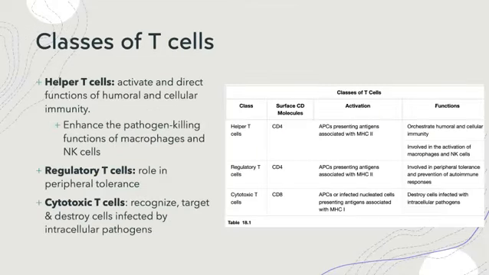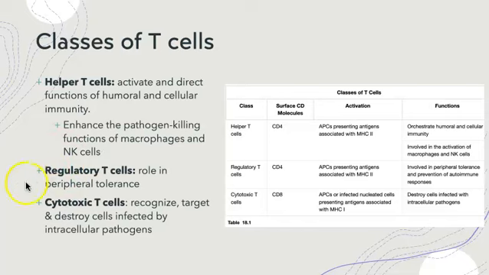Now let's talk about what happens when they become activated. Our helper T cells will work to activate and direct the functions of both our humoral and cellular immunity, and their job is to really enhance the pathogen killing functions of our macrophages and those NK cells. So it does also jump a little bit into our innate immune system.